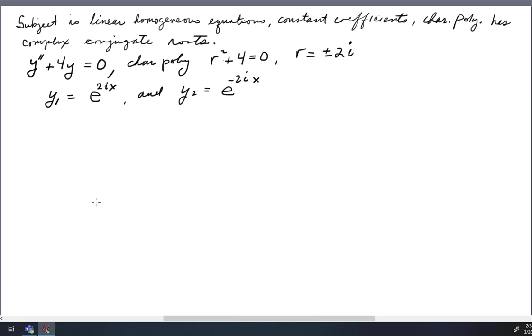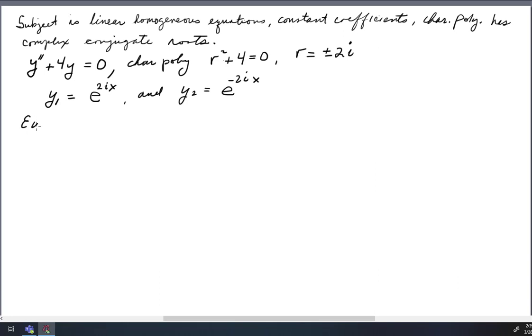Now, the problem with that is that they're still complex, and we'd really like to have real valued solutions. And so what follows next will bring us to a point where we have real valued solutions, even if the characteristic polynomial has some complex roots. And so we want to recall, and I don't remember which class you recall this from. You may recall this from Calculus 3.